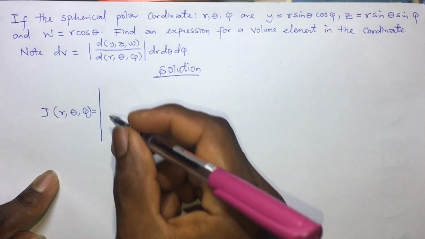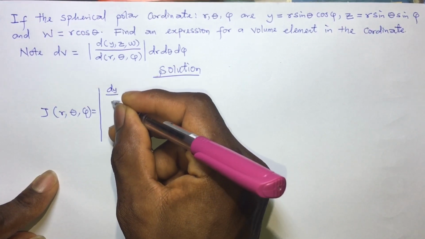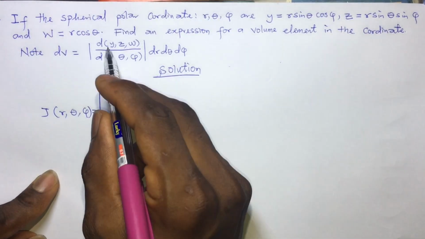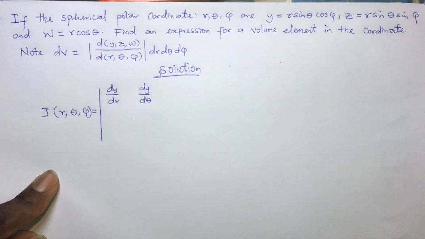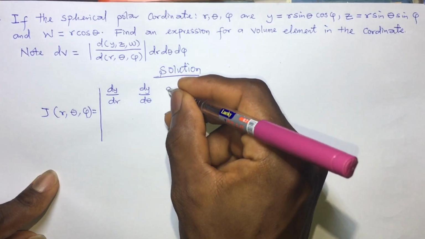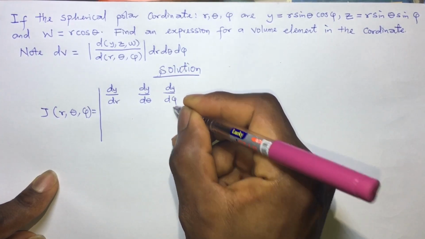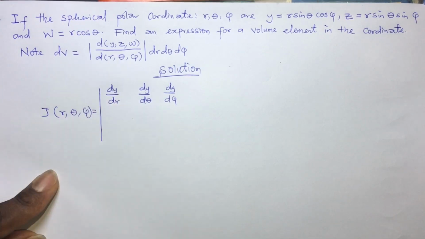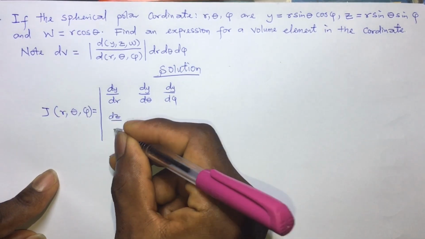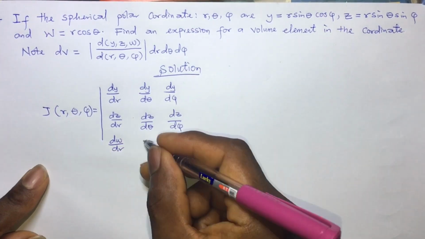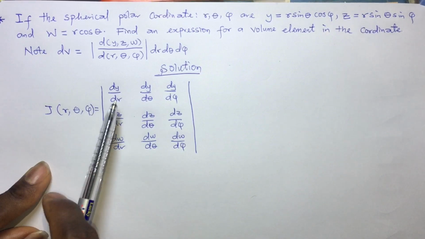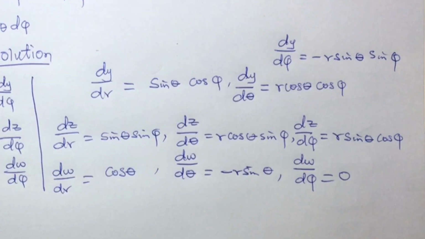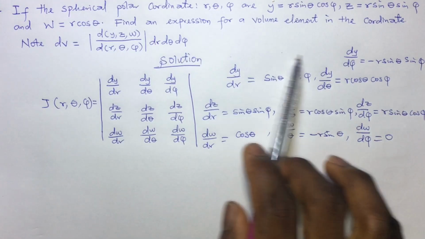So first we have the y over the r, then we have the y over the theta, next we have the y over the phi. Now we need to represent all of this into this particular place.